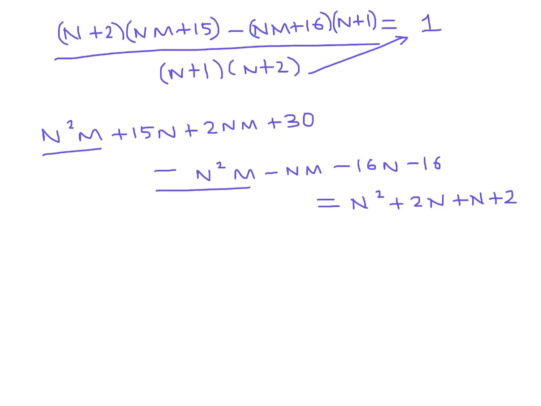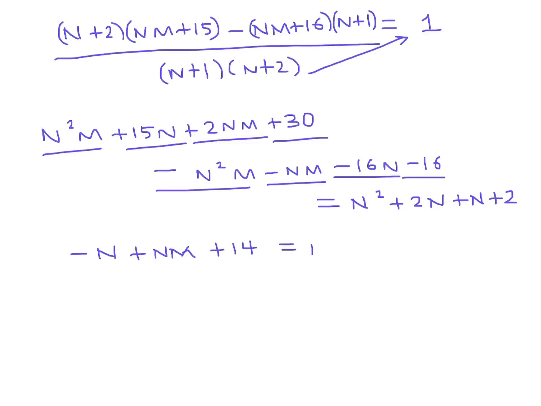This guy goes. Anything else that goes? Well, let's see. Let's start combining. 15n minus 16n gives you minus n. 2nm and minus nm gives you just nm. 30 minus 16 is 14.